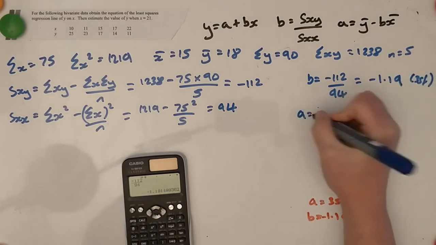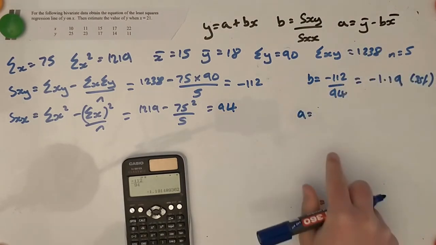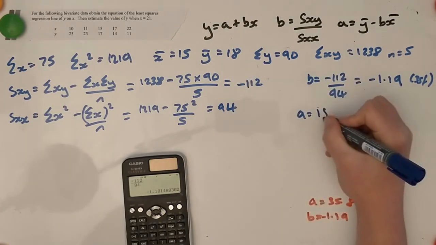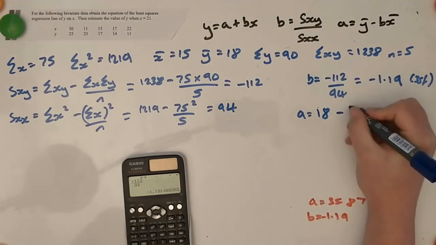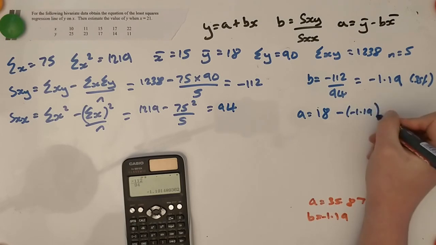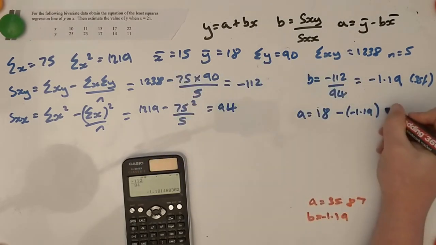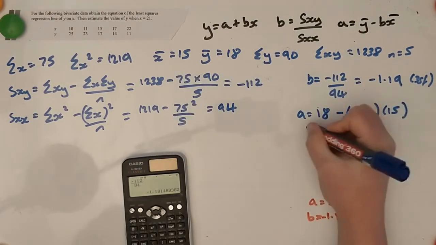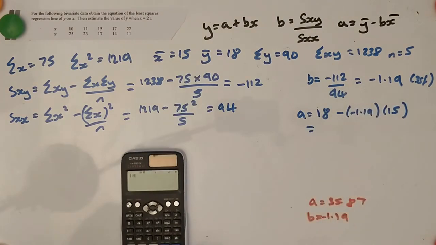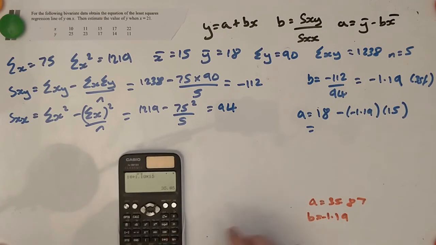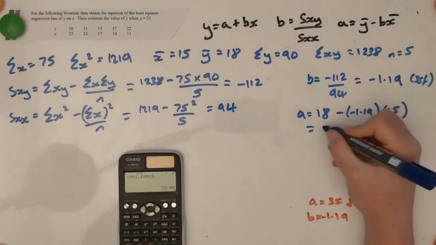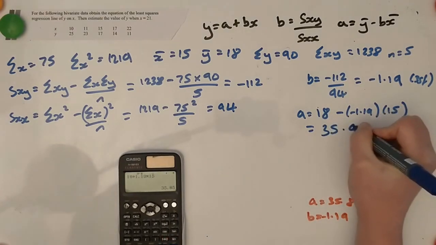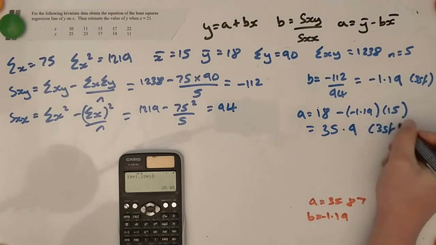And A is y bar minus B x bar. So y bar is 18 minus minus 1.19 times x bar, which is 15. So A is 18 plus 1.19 times 15. That's 35.8, yeah? 35.9 to 3SF.